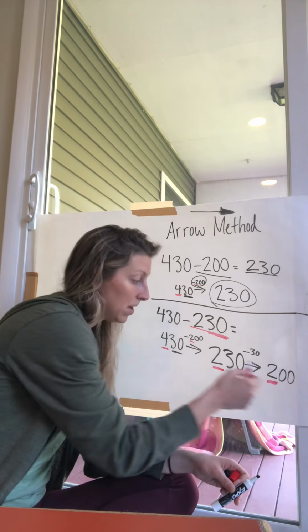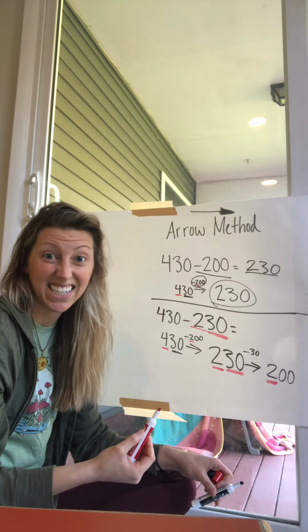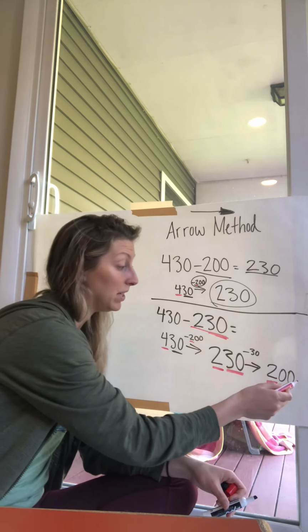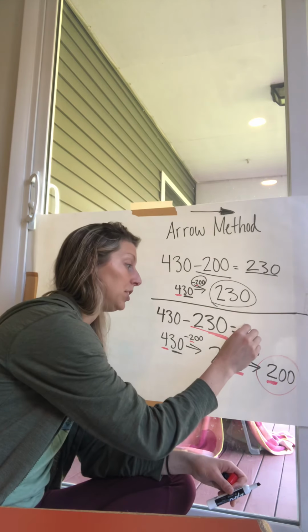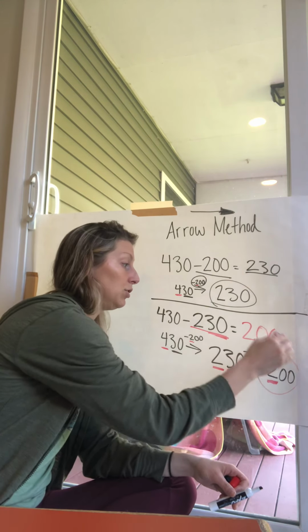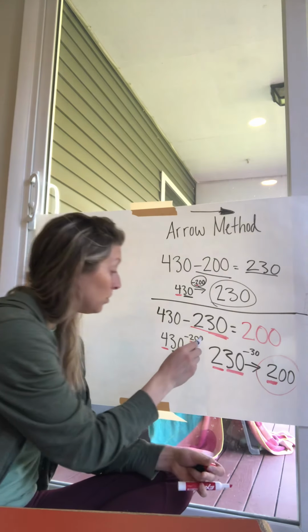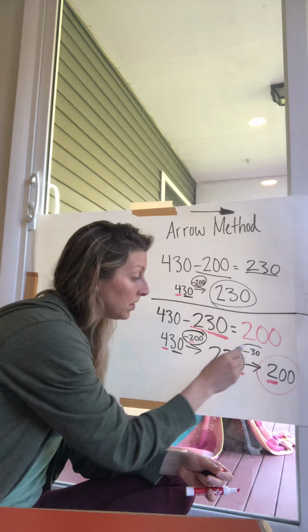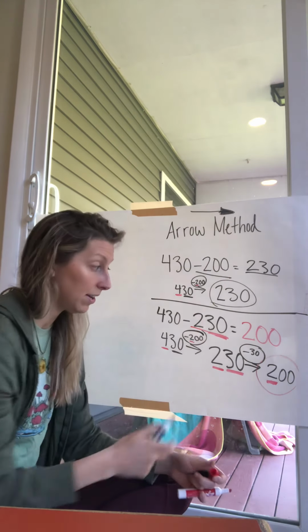But did I take away the tens? I did. I took away 30. So that brings it to 200, which means 430 minus 230 equals 200. Okay, and you can double check that by how many you took away. You said it's minus 200, minus 30. So those two together make 230.